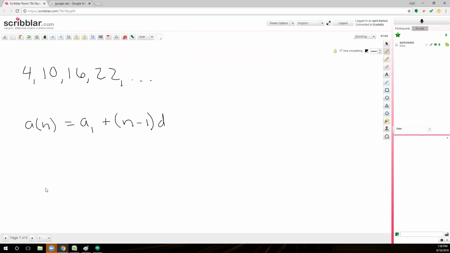So on this pattern, we're adding the same number every time. So when you're adding, this is called an arithmetic sequence, which just means add.